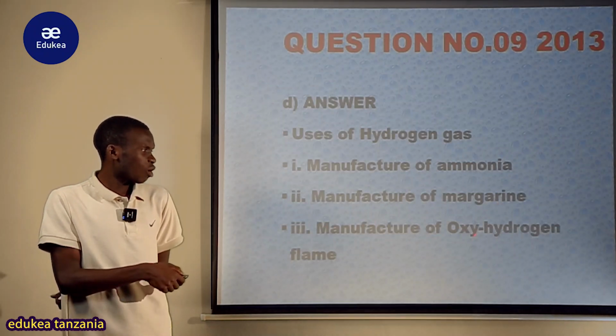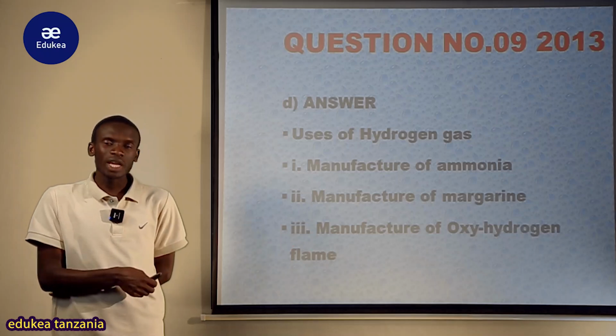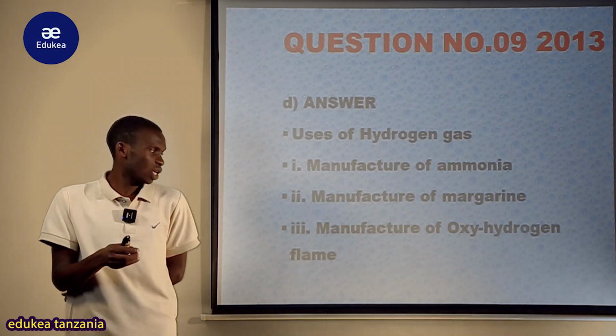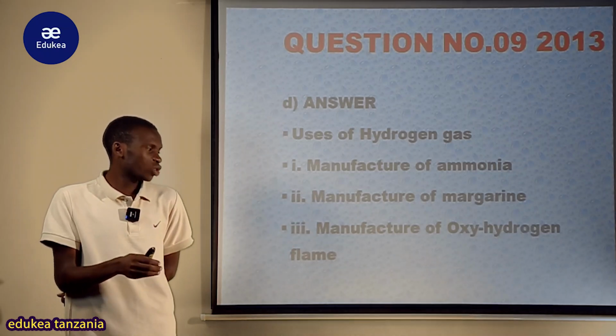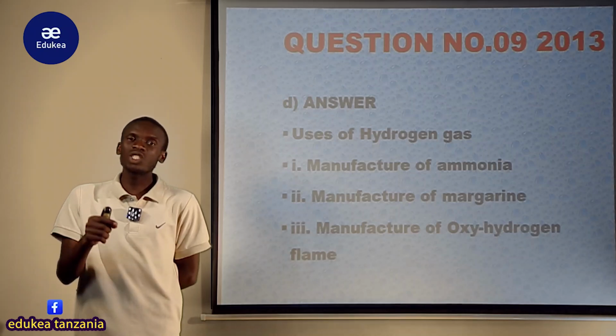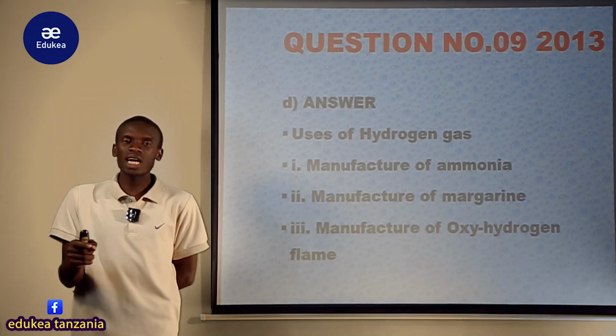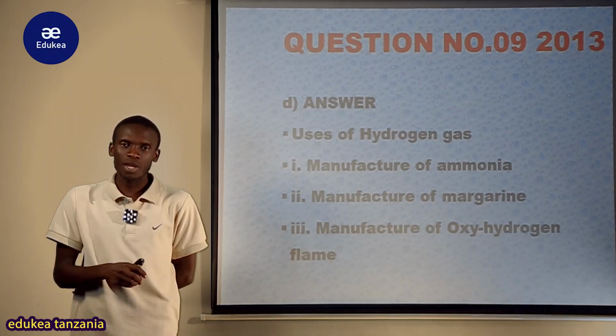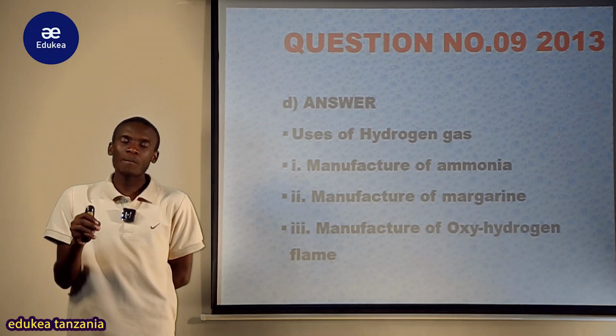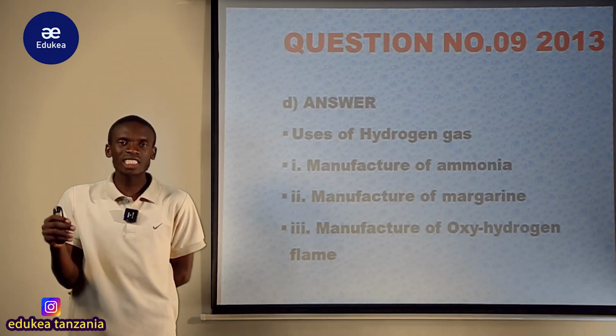Also, it is used in the production of oxyhydrogen flame. Oxyhydrogen flame is a flame that is used mostly in welding activities. It is the hottest flame and it's used in welding activities.